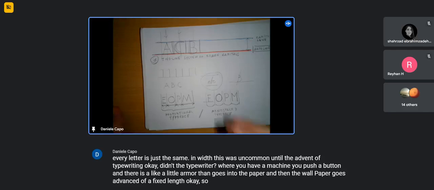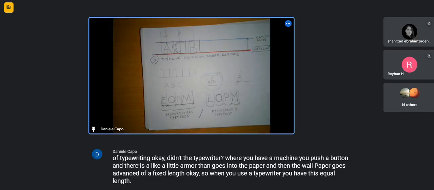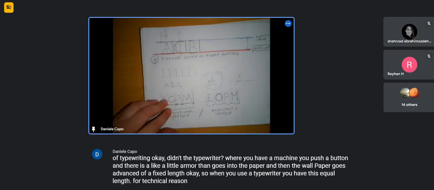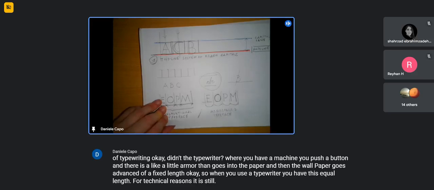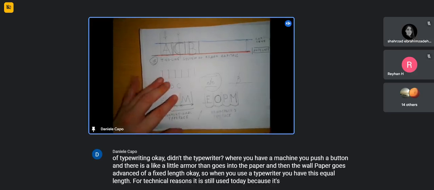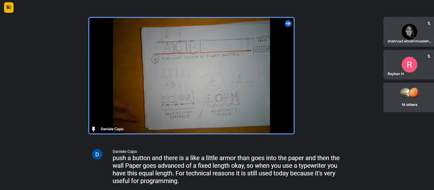Okay, so when you use a typewriter, you have this equal length for technical reasons. It is still used today because it's very useful for programming, writing code.